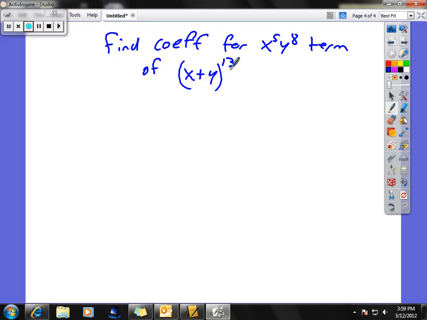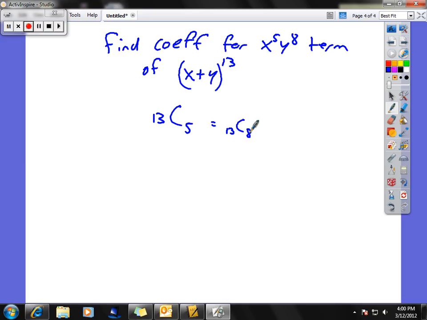Alright? So the easy way to do the combination here is just 13, that's the n, C, and now what we're going to use for our r after the combination is either the 5 or the 8. The exponent to the x or the y. Either one, and I say either one because remember these are symmetrical, and 13C5 actually is the same thing as 13C8.